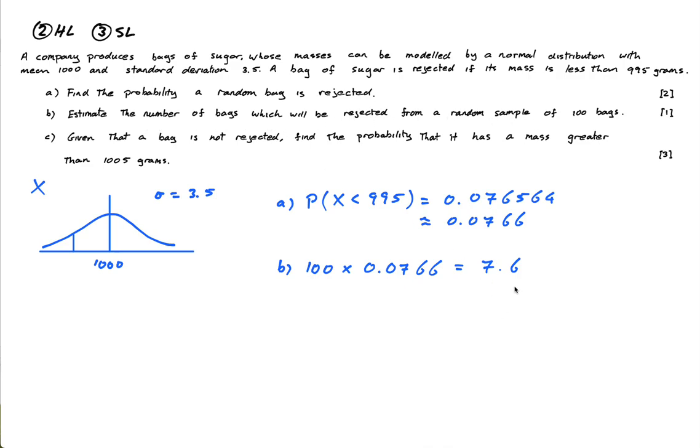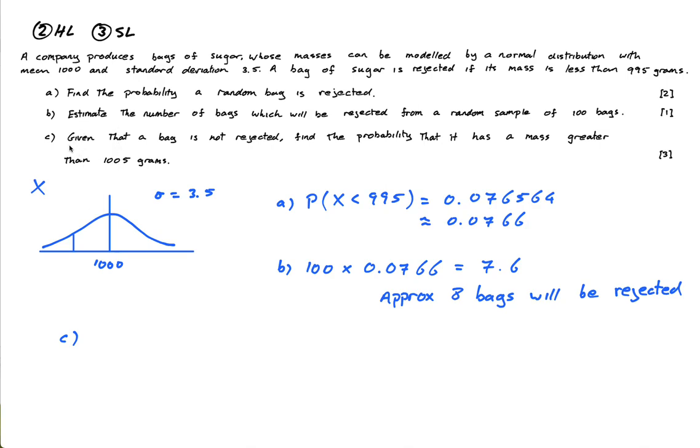They can't reject 7.6 bags. So we're going to approximate it to approximately 8 bags will be rejected. That's to the nearest bag. 8 bags will be rejected.